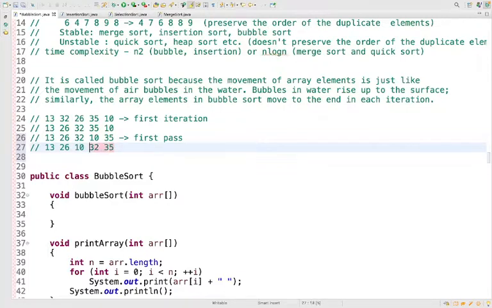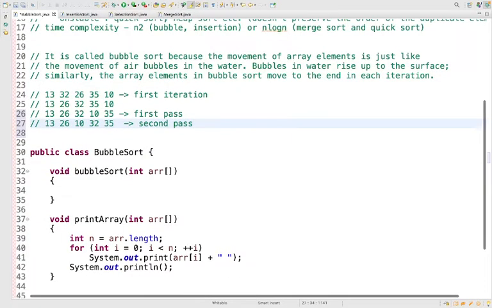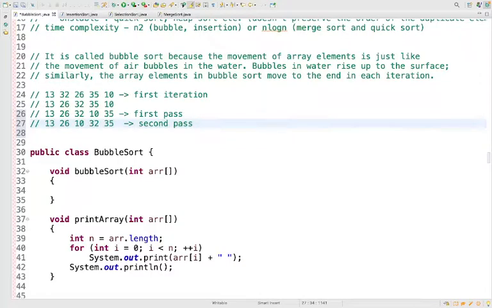If you observe here, the largest elements are getting sorted at the end, and the smallest element we still have to sort. So this is a slightly opposite version of the selection sort. Similarly, if you go down, we'll find the sorted array. That's the basic logic of the bubble sort.